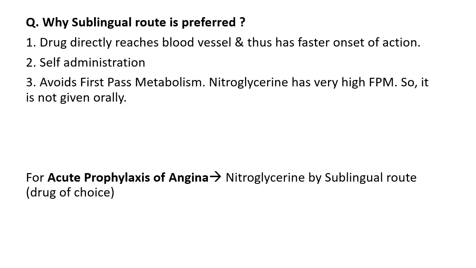By sublingual route, drug avoids first pass metabolism. Nitroglycerin has very high first pass metabolism, so it is not given orally. Now for acute prophylaxis of angina pectoris, nitroglycerin by sublingual route is drug of choice.